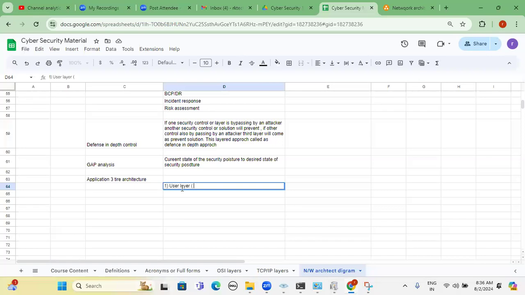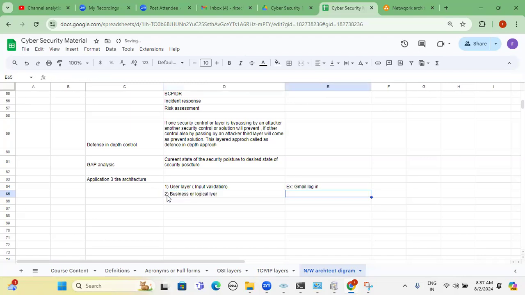Nothing but wherever the user is providing input validation. For example, take Gmail. You are entering username and password. That Gmail login page is called the user layer. The second one is the business or logical layer, or tier.